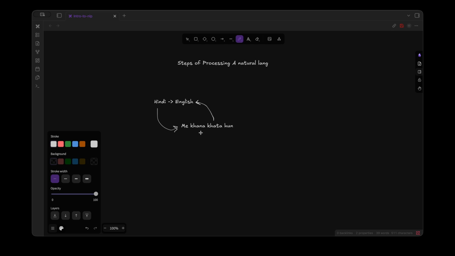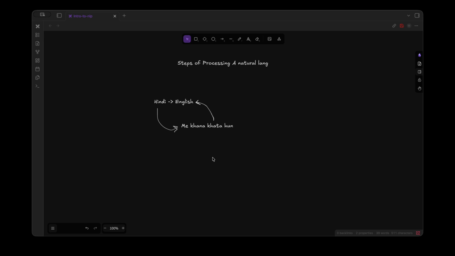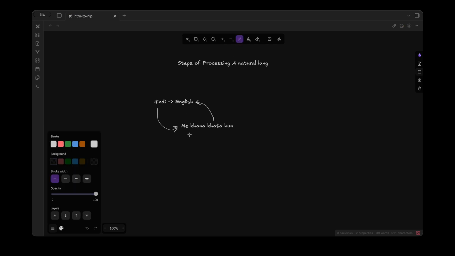What is the first thing we can do? We have to understand what everything is. If you want to convert a sentence from Hindi to English, we have to understand Hindi first, and then understand what each word in Hindi is trying to say.